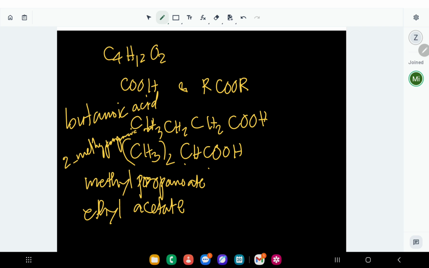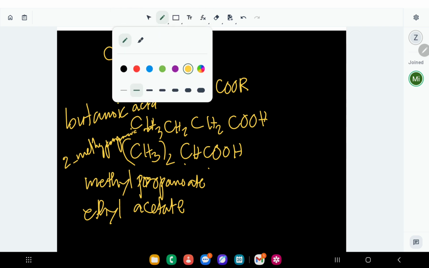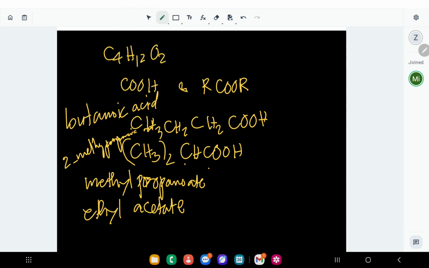So which one's there? If you're going to draw that in a skeletal formula using the structure of that. The first one is butanoic acid, so you can draw that as this one. How many carbons? 1, 2, 3. So you have oxygen here, and then the alcohol. That one, and then the other one.